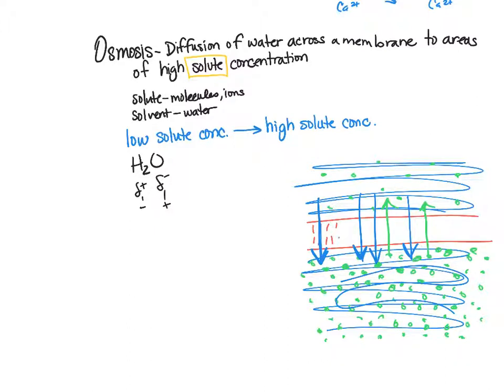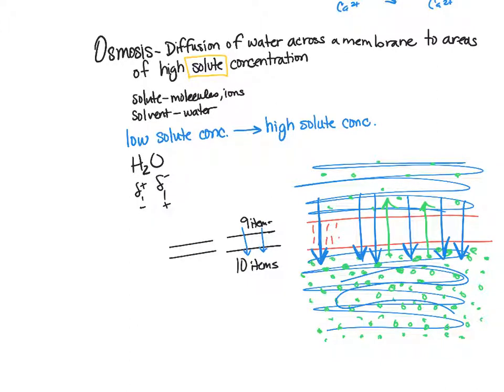So the amount of a solute in a solution affects the movement of the water in and out of the cell. Where we have a high concentration of solutes, we're going to see a high movement of water. And how fast this happens is actually dependent on the concentration as well. So if we're looking at two sides of the plasma membrane and, let's make up some imaginary numbers, we have 10 items over here and 9 items over here, the movement of water is going to be relatively slow to try to make it equal, 9.5 on both sides.